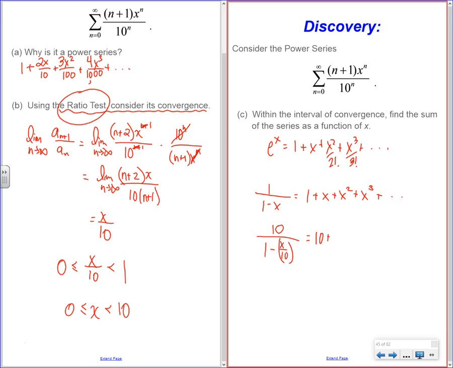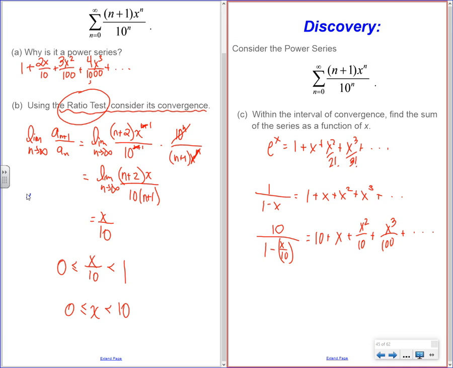I really hope a 2 gets brought in, because then that'd be x over 10 times 10, and x squared over 100 times 10, and x cubed over 1,000 times 10. Aha! The derivative of that will be 0, the derivative of that will be 1, the derivative of that will be 2 tenths x, or 2x over 10, 3x squared over 100.